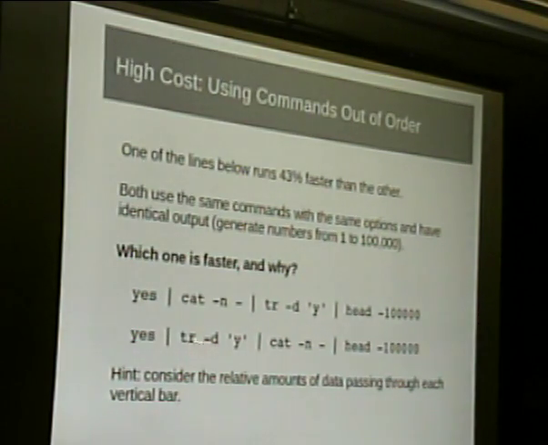This cuts out the Y that puts out and just passes on the new line, and then cat adds a number to it. We have the same data here, but not the same data across there. So since we have less data going through here, this is going to be the faster one.